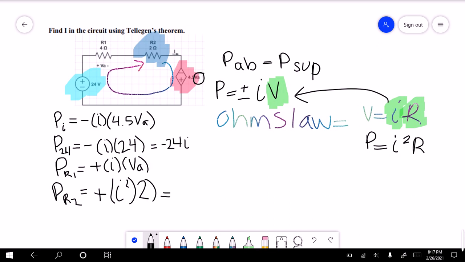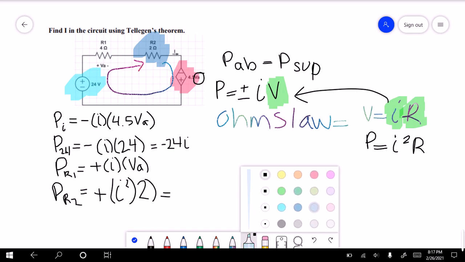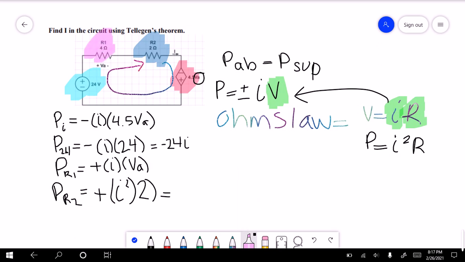Now if we go back to resistor 1, which I'm going to highlight, we also know the resistance. So I'm going to rewrite this using P equals current squared times resistance. So I squared multiplied by the resistance, which is 4.